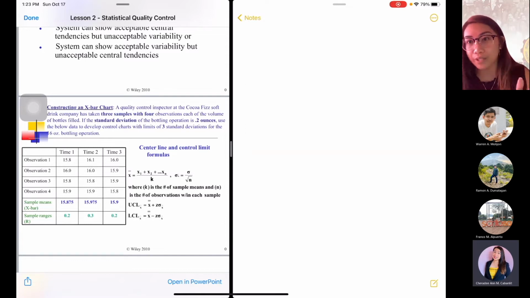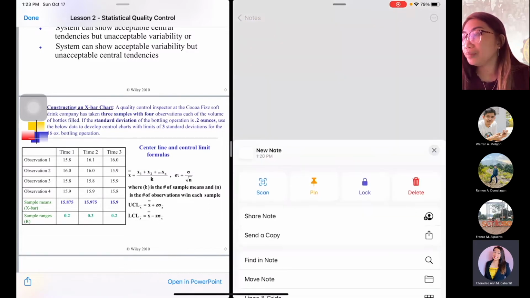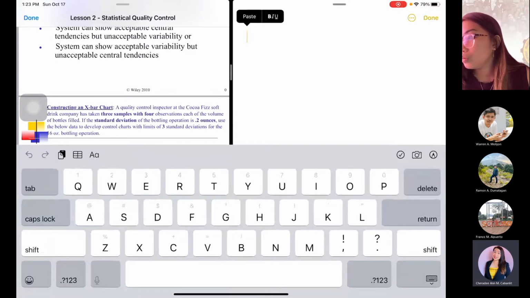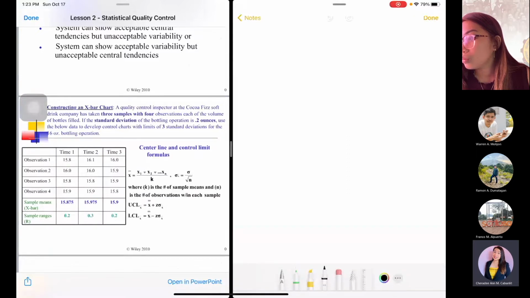Not the sample size. The sample size is just used for the computation of the bar X. Okay, so again, we are going to take note of the observations.